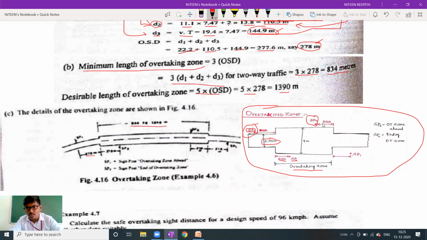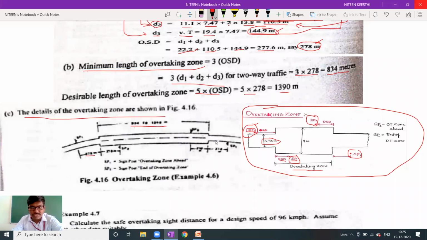Again the OSD value you can write here, and this is SP1 when you are on the other side of the road. SP1 and again SP2. Signpost 1, signpost 2. So at third he has asked us to write the details of the overtaking zone with the help of a neat sketch.